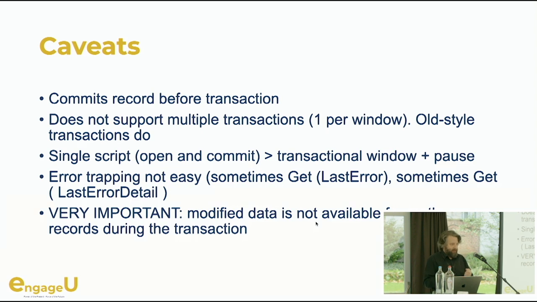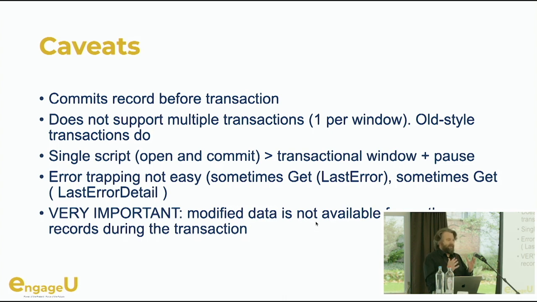So what am I talking about? When you start modifying your data during a transaction, by creating a new record or editing one, the other records you're going to modify during the same transaction are not aware of that change. Which makes sense, the data is not committed to the database, right?